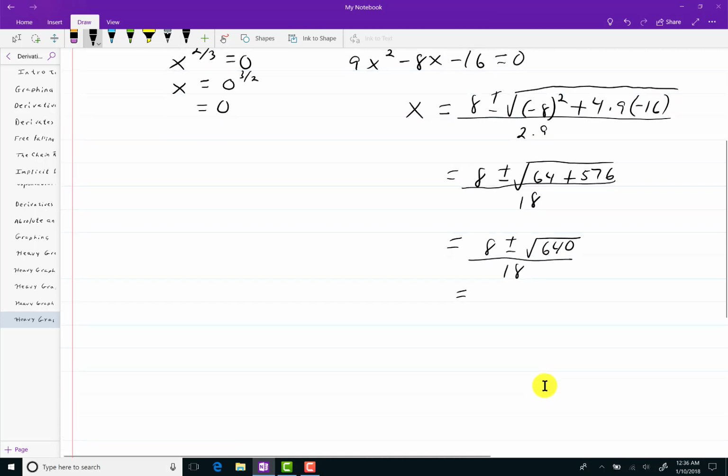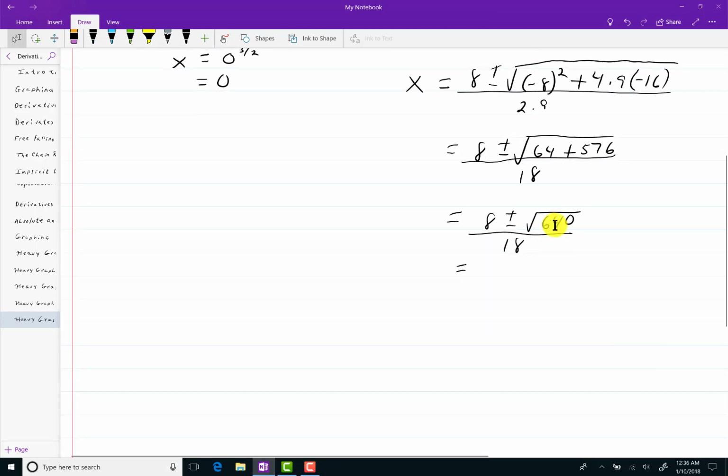And I can take a 64 from 640, and when I pull it out of the radical, it will become 8. Not a lot of simplifying, but I can cancel out 2 in the numerator and 2 in the denominator to get 4 plus and minus 4 radical 10 over 9.